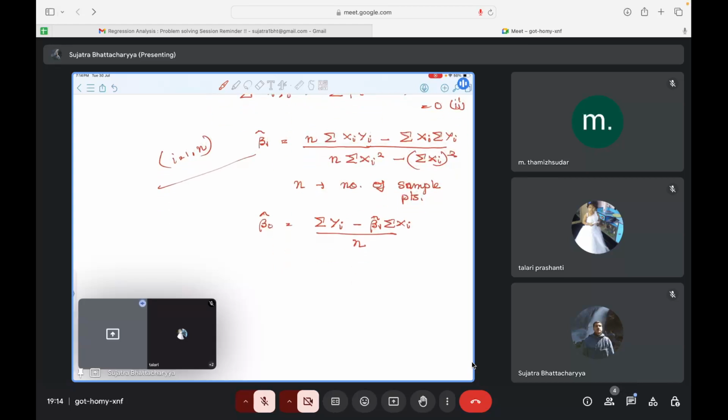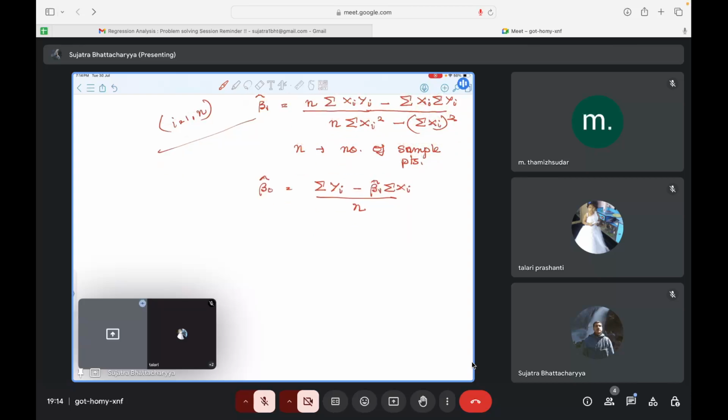Now, beta 1 cap and beta naught cap can be written another way, using the mean values, which is easier to write. That is summation yi minus y bar, xi minus x bar, divided by summation xi minus x bar whole square.